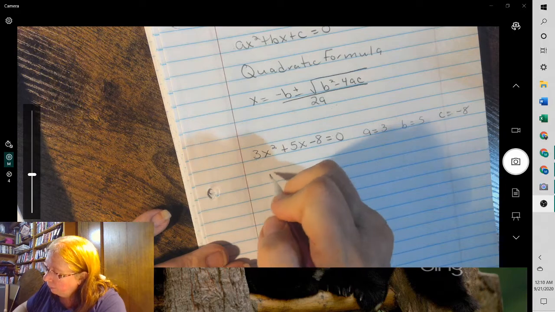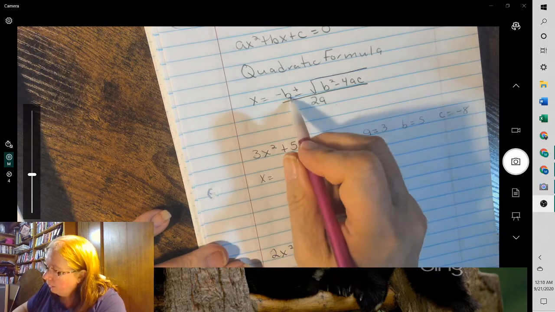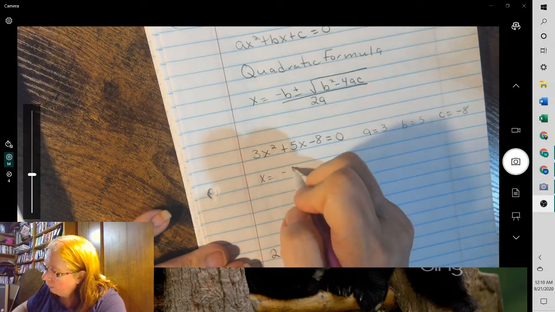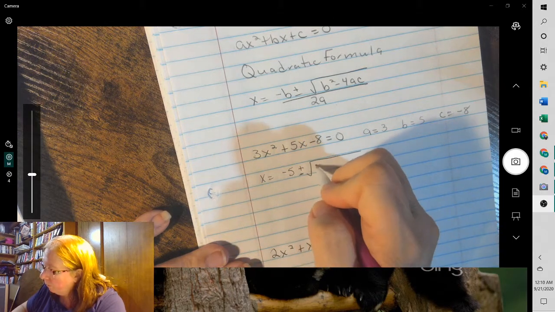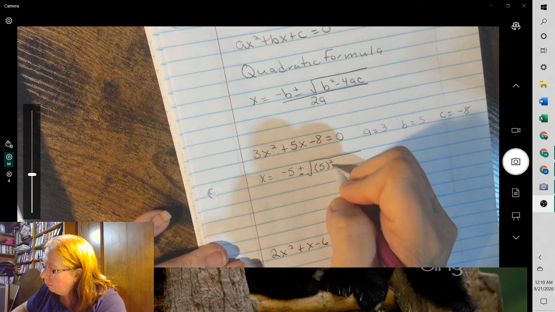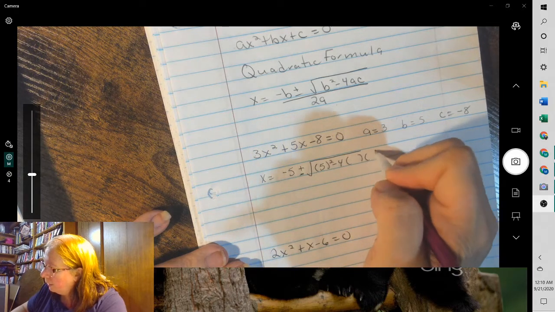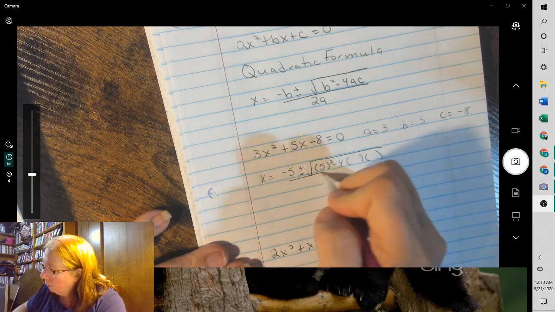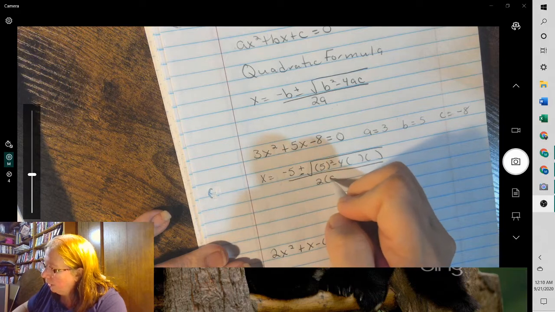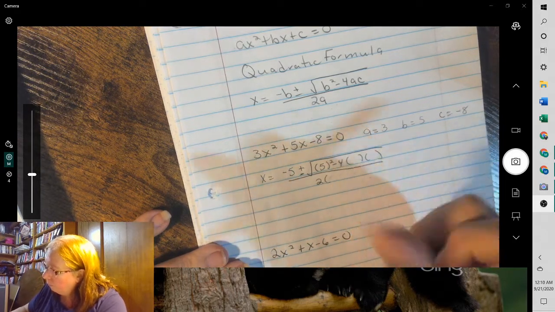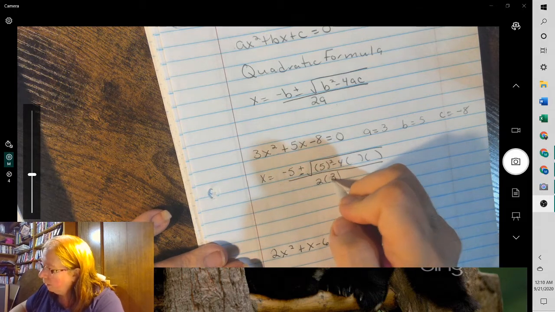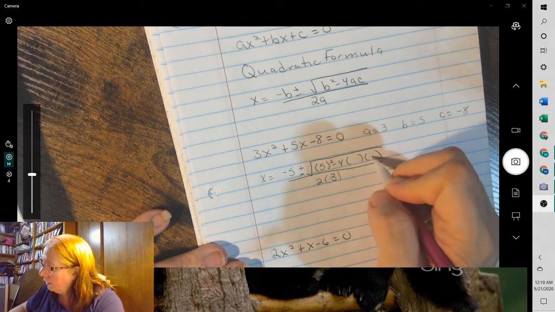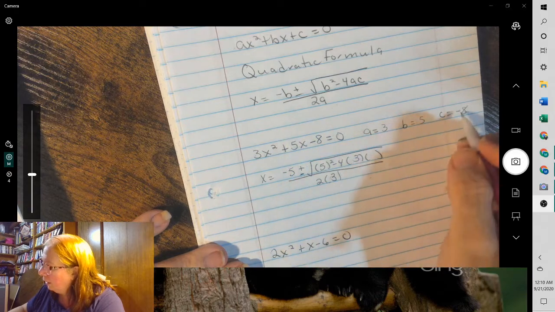So plugging it in, negative b, negative 5 plus or minus the square root of 5 squared minus 4 times a times c, all over 2a. So 2a was 6, and this was 4 times ac, so 3 and negative 8.